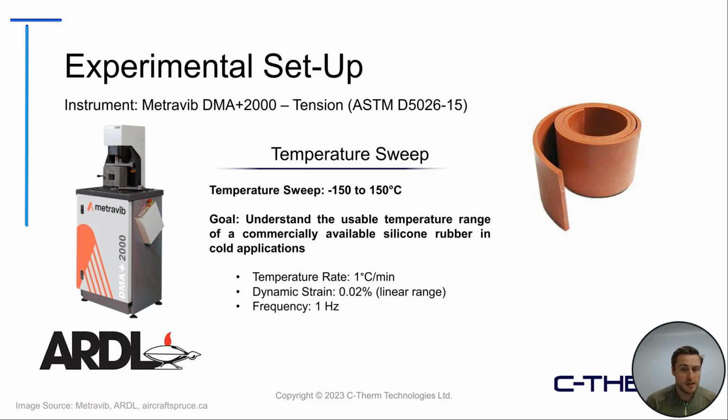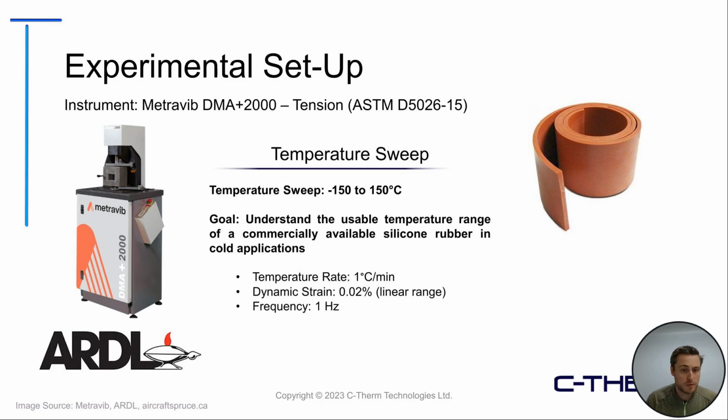We did this to understand the usable temperature range of a commercially available silicone rubber in cold applications. Silicone rubber has the benefit of having a large thermal stability range as well. It has a very low glass transition temperature, which contributes to that, measured to be below -100, depending on the formulation used.